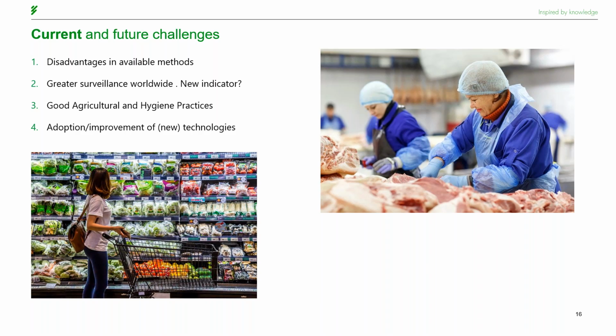So we could establish Yersinia as a new indicator of hygiene and good practices, since many cases come from cross-contamination during the handling, processing, or even during the prolonged storage in refrigeration of not only meat, but also of vegetables and fresh produce that have been the culprits of these last outbreaks.